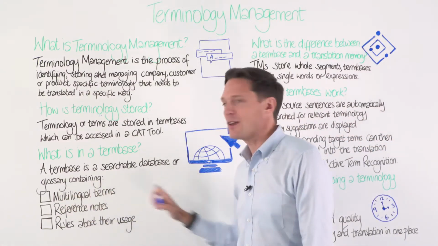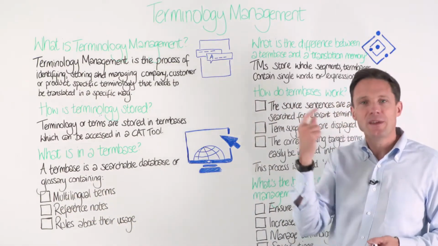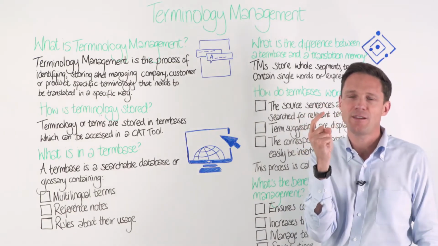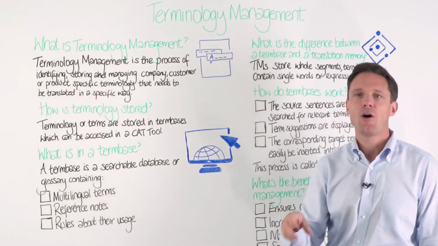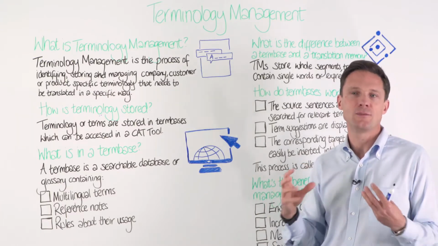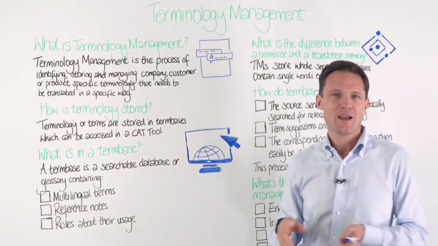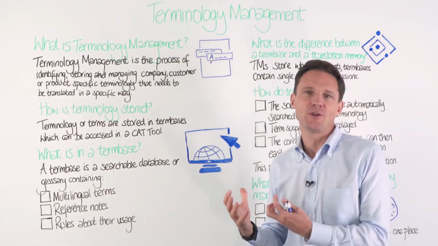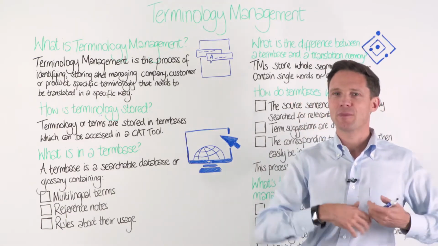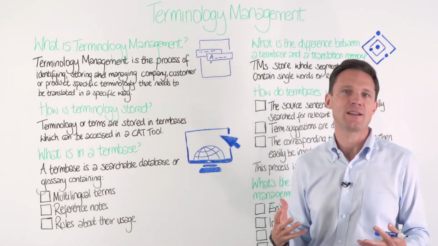So you're going to store a term, and a term could typically be one word or a short sentence on how something needs to be translated. You could say SDL or Trados, those are terms. They are a brand and they don't need to be translated.